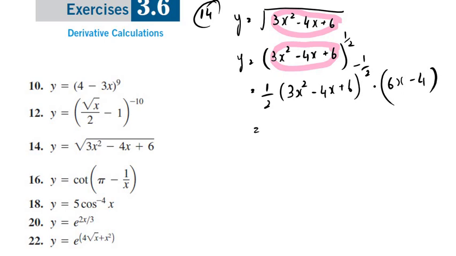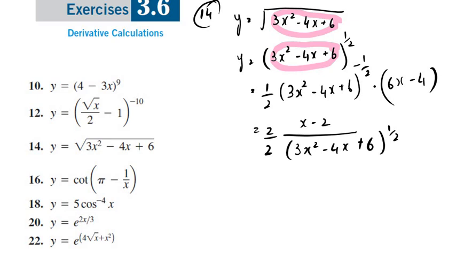We can bring a 2 out because there's a factor of 2 common. So we say 2 out of 2 and then we bring this to the denominator. So it's 3x squared minus 4x plus 6 to the power half, and this is x minus 2.